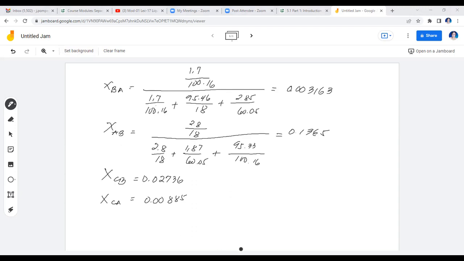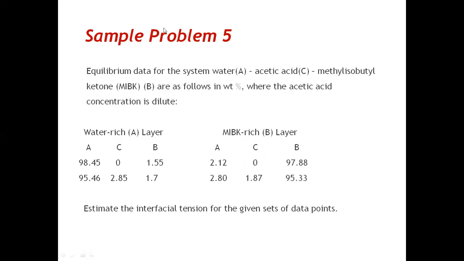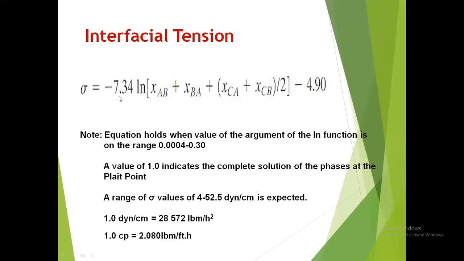Now, with all the four already complete, we can go back to the formula. Here, our formula, I'll transfer to our slide. So our formula for determining interfacial tension is this. The four mole fractions, you just substitute in here and you determine the interfacial tension afterwards.